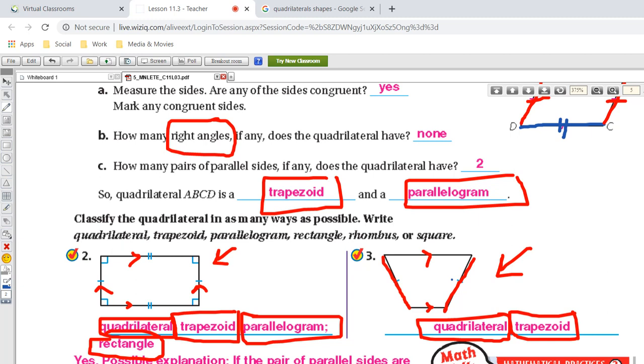Firstly quadrilateral, then trapezoid, and ask yourself, if each two opposite sides are parallel, then we can write parallelogram. The third one, if we have a right angle, we write rectangle. If we don't, we ask ourselves if all sides are equal, so we write rhombus. Okay, guys?